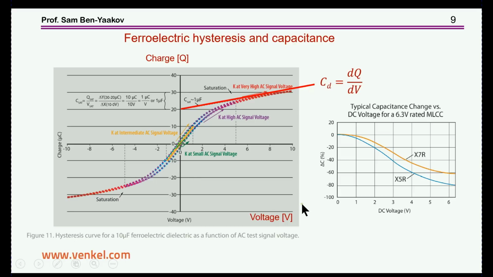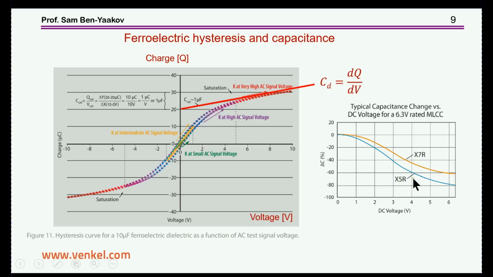And this is why, if you look at data sheets, you'll find this graph, which shows how the derivative, or local or differential capacitance, is changing with voltage. Here is this point, here it will be this point. So the slope here is large, and here it's going down. This is typical of ferroelectric material because they have the saturation effect.